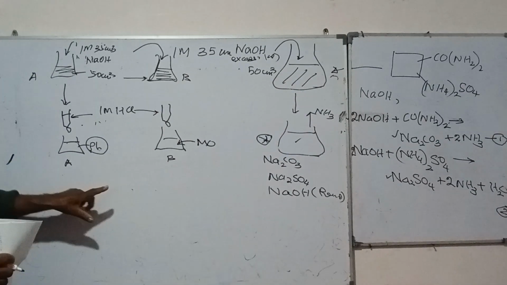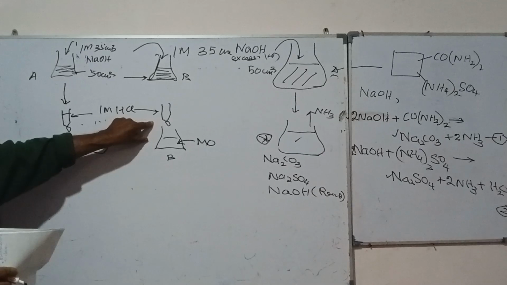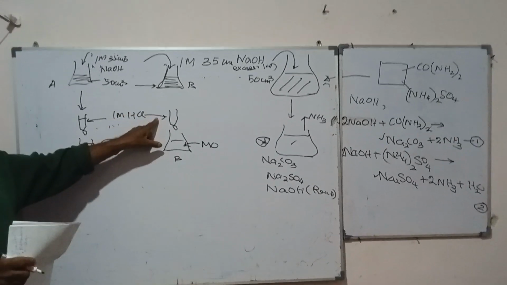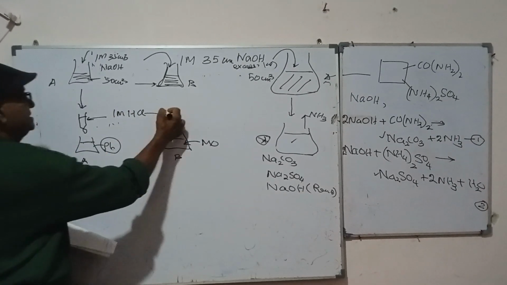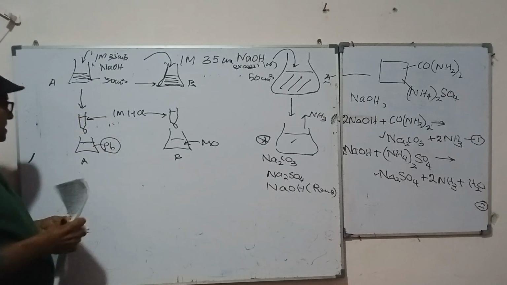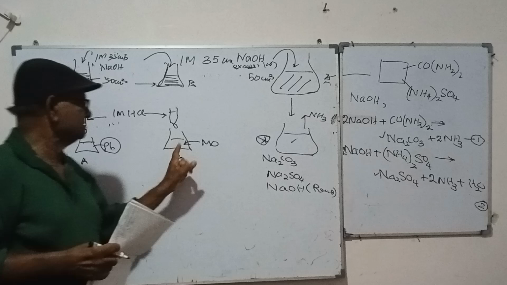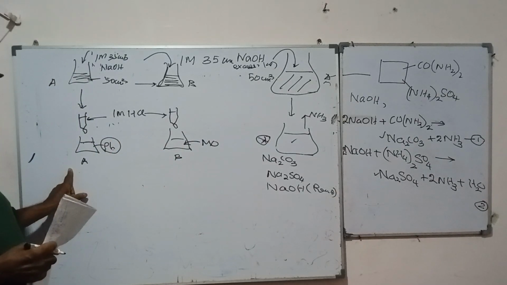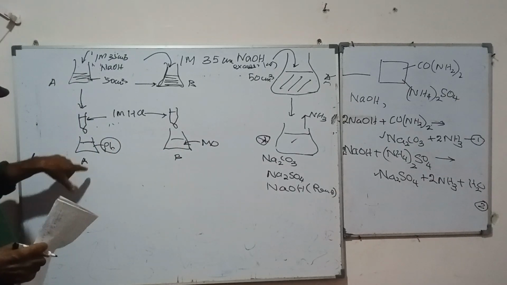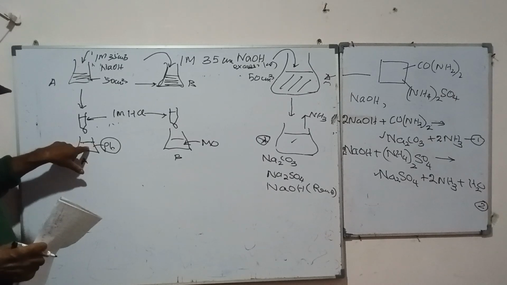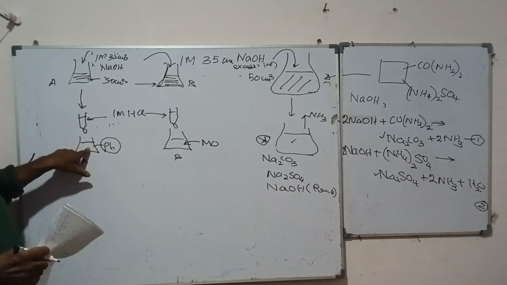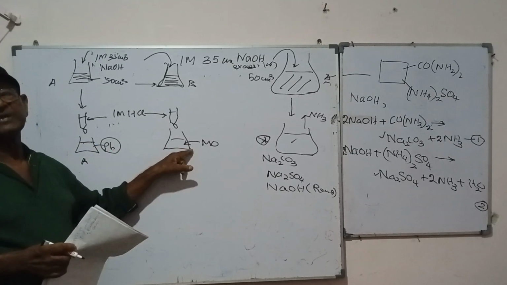So it is clear that there are two identical titrations, with 1m HCl in the burettes. These two solutions are the same, A and B, but for A the indicator is phenolphthalein, for B the indicator is methyl orange.